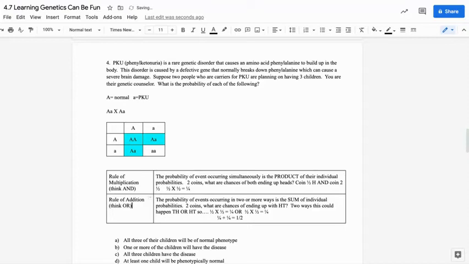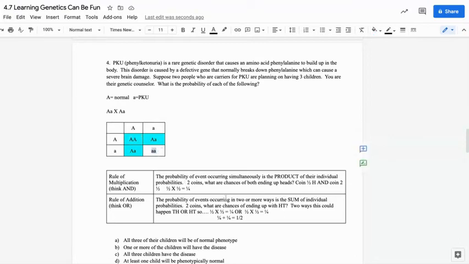I also, in terms of genetics, I want you to think of it like this, right? You have a 1/4 chance of getting heterozygous and a 1/4 chance of getting heterozygous this way. So this is your 50% chance of getting heterozygous. And then this is a 1/4 chance of getting homozygous and a 1/4 chance.